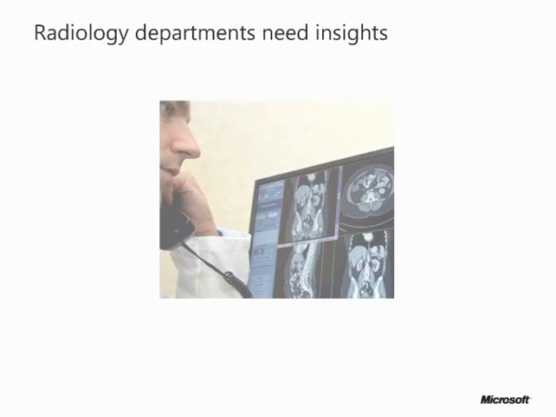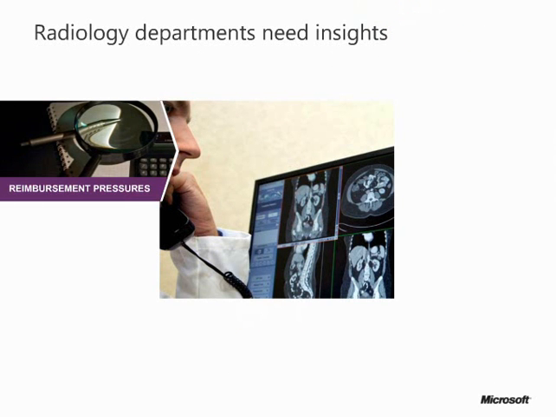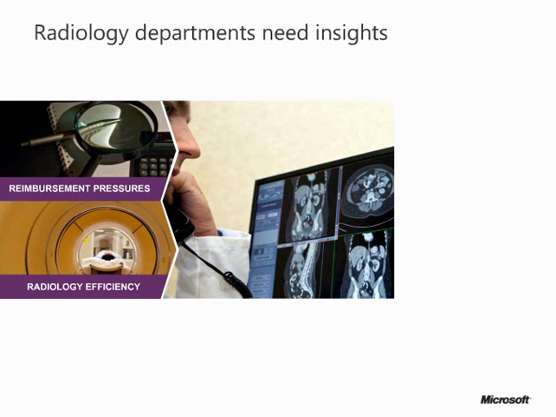So if you really think about radiology departments and what insights are needed, there are various things I talked about earlier in the introduction of this talk: all the reimbursement pressures that we are seeing with the Deficit Reduction Act and more cuts coming in, really requiring us to be operationally efficient as well as more productive for radiologists.